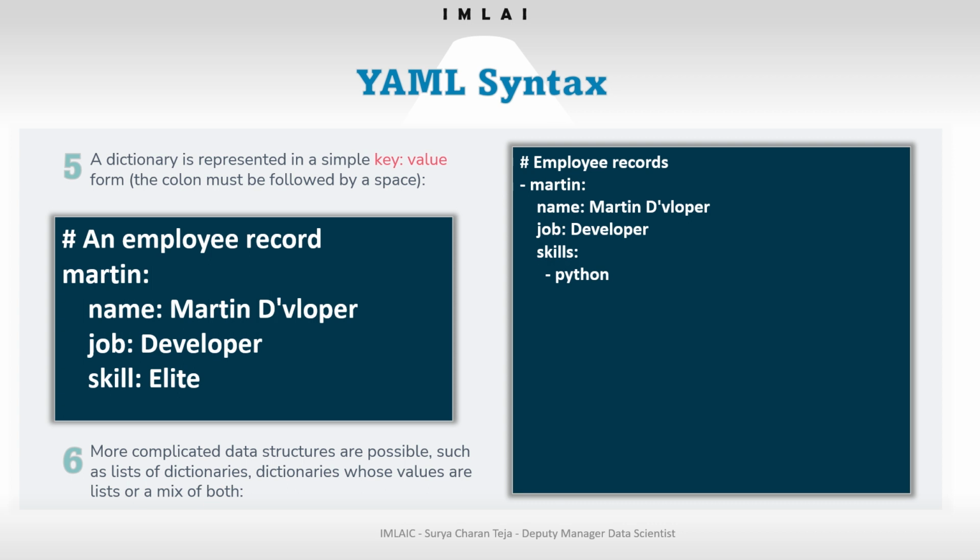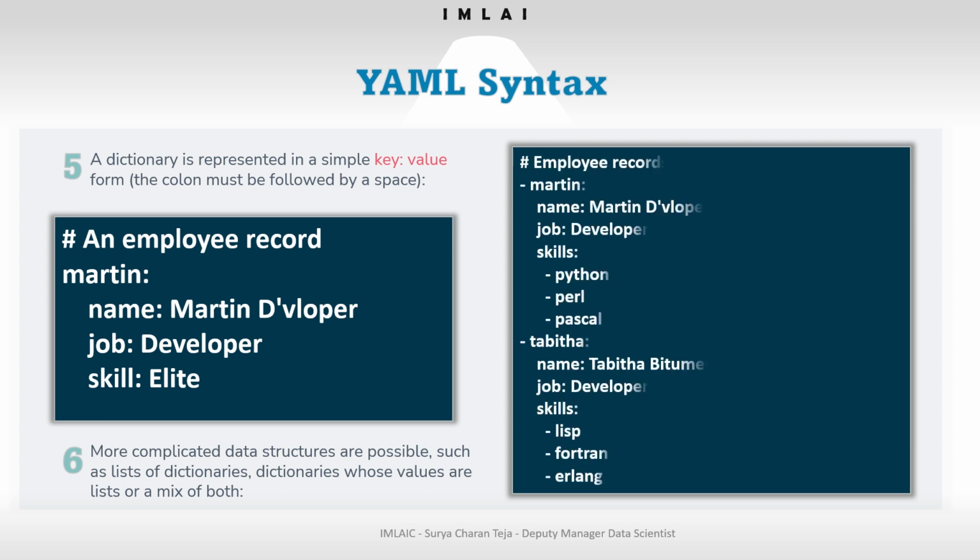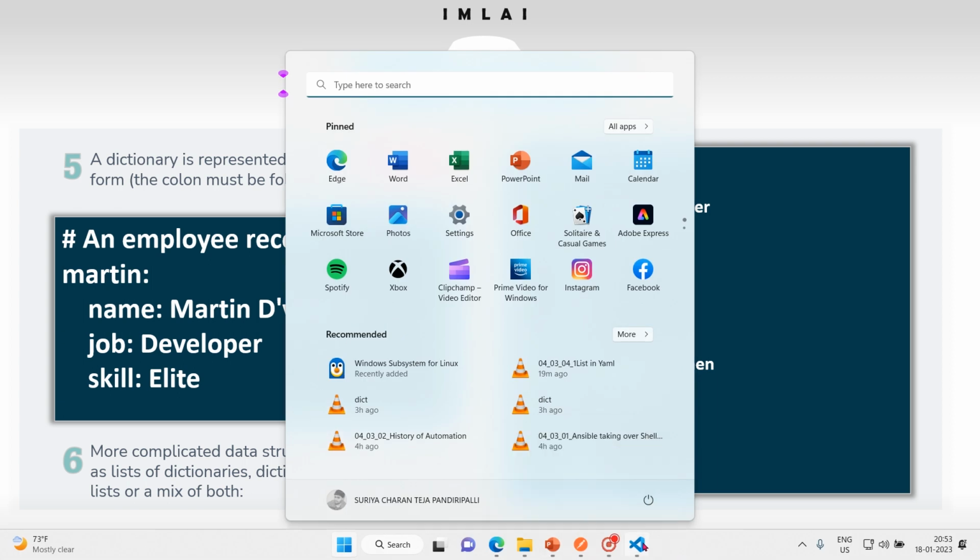How do you represent all those things? This is how you represent the values. Similarly, we will write another record, Tabitha's record. Again a name dictionary, a job dictionary, and a skills dictionary with a list of items as a value: Lisp, Fortran, Erlang. Okay, let's get into the VS Code and try this one also.